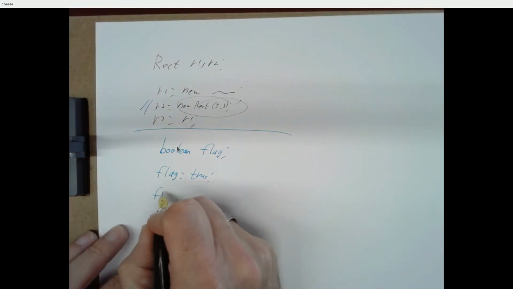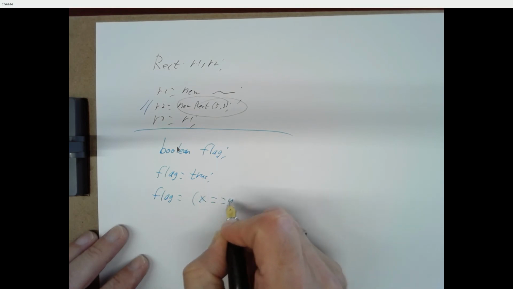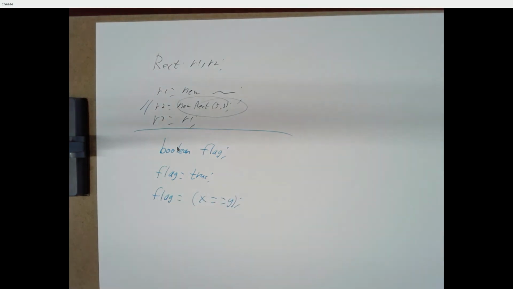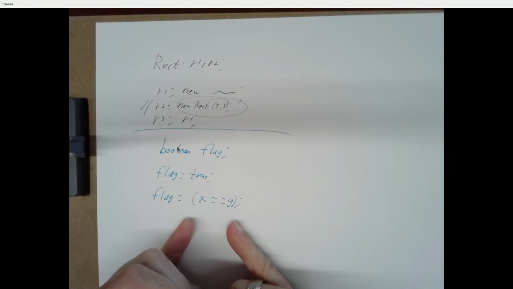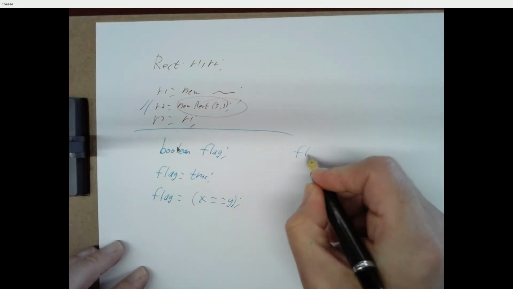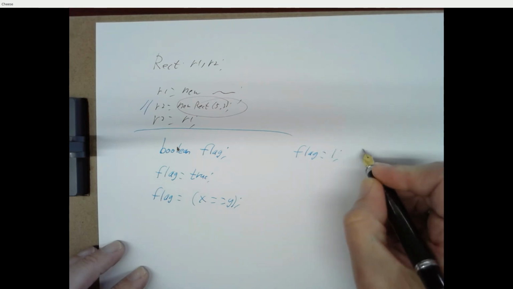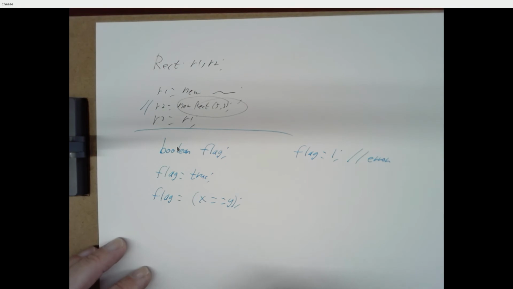We could also say flag equals x equals y. And now if x equals y, flag will be true, otherwise it'll be false, and so on. Anything over here that has a logical truth value, we can assign to flag. But we cannot say something like flag equals 1. The compiler will complain about that.